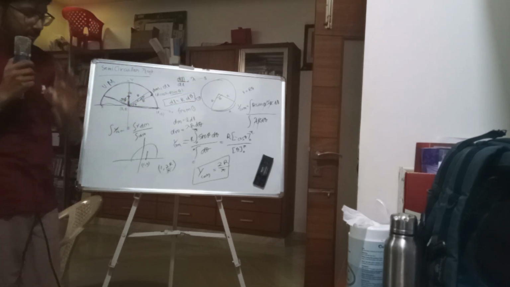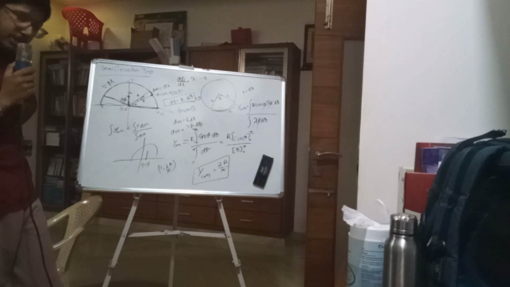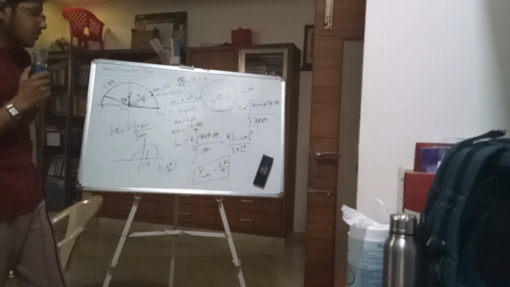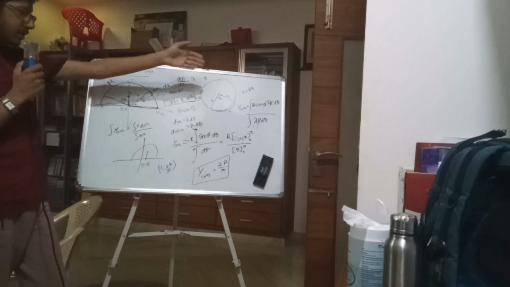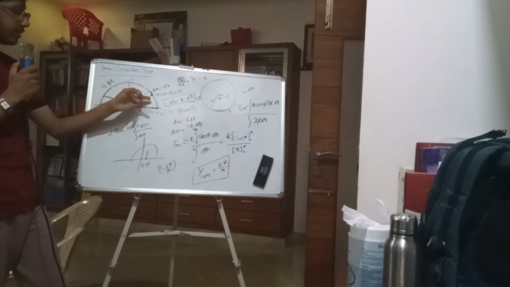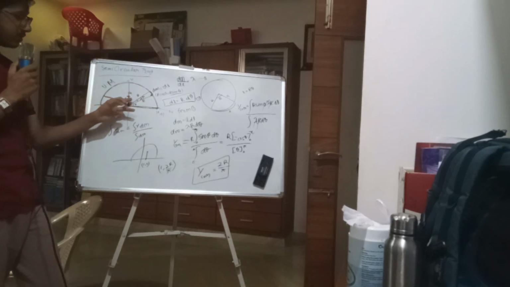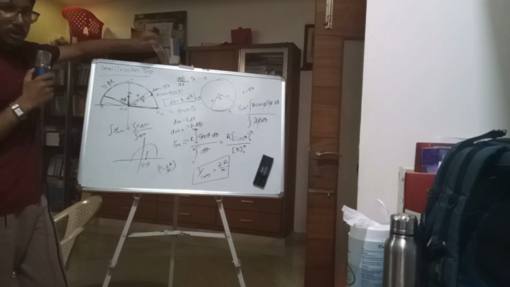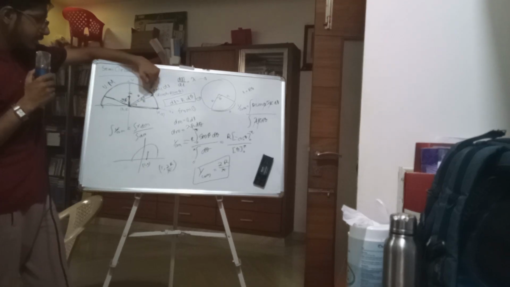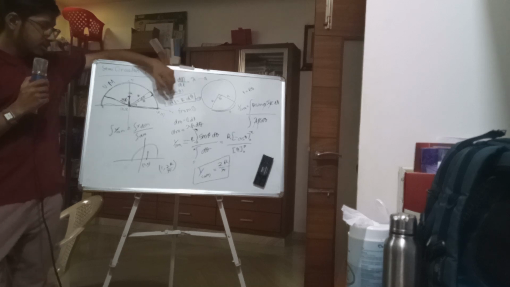Very, very important. Theta should be in radians only. So L is equal to r theta. From that relation, you can write dl is equal to r times d theta.